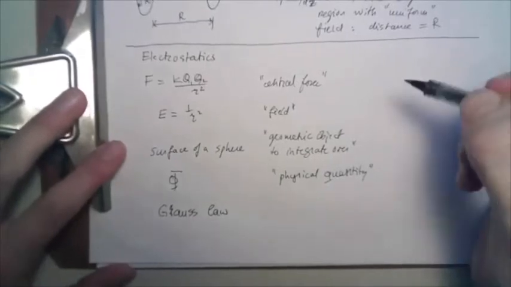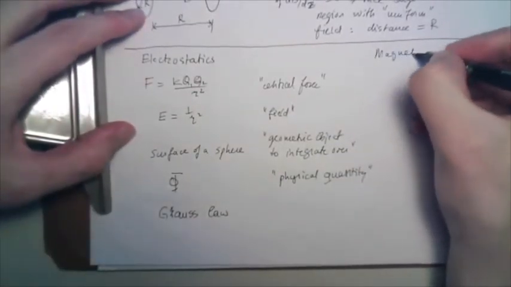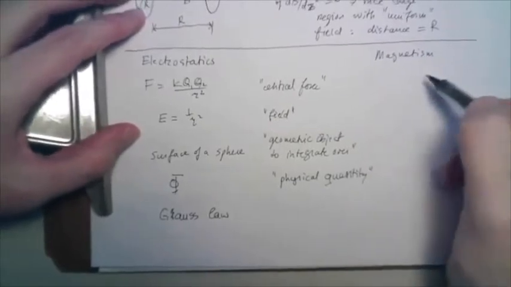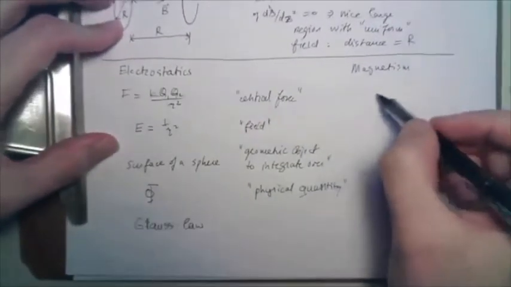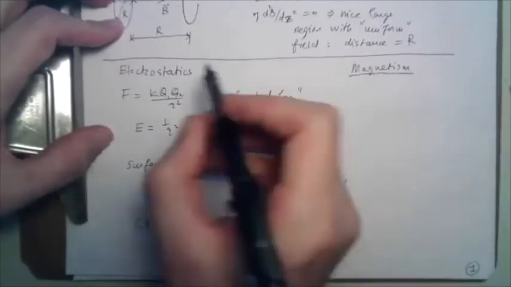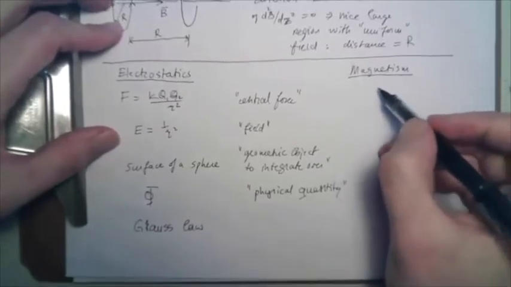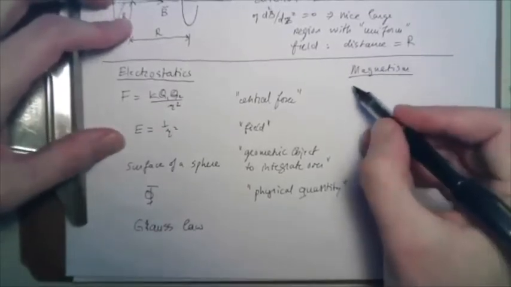Okay. So now in magnetism, I don't like magnetostatics as a word because it really does depend on the fact that there are currents flowing. So there's always something moving, but it's sometimes called magnetism.